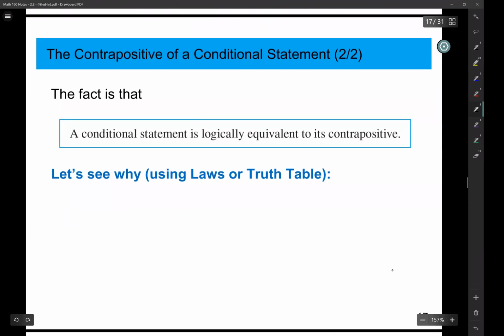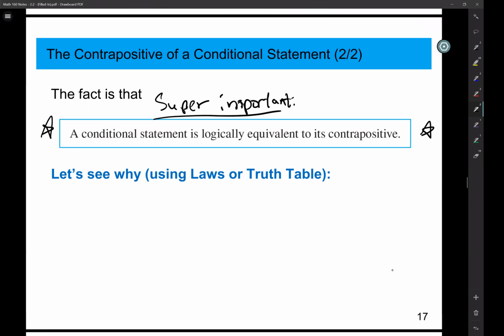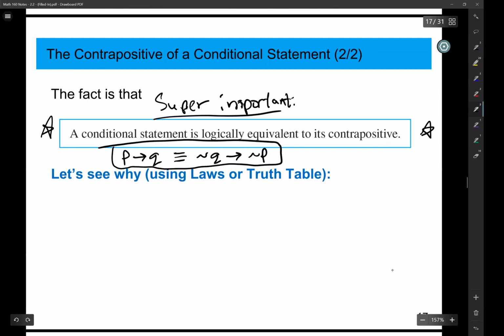So what's really cool, this is another super important thing. It's in a box. Okay, super important. Is that a conditional statement is logically equivalent to its contrapositive. What does that mean in symbols? What that means is that P implies Q is logically equivalent to not Q implies not P. Okay.